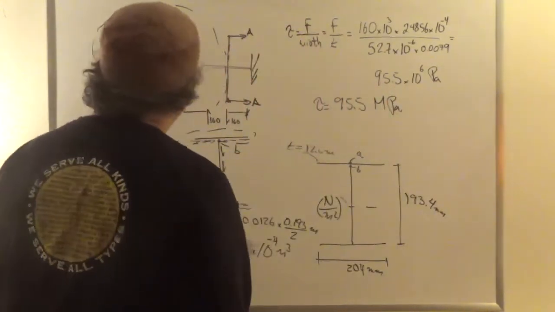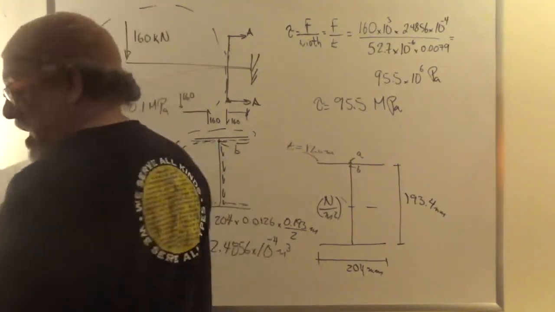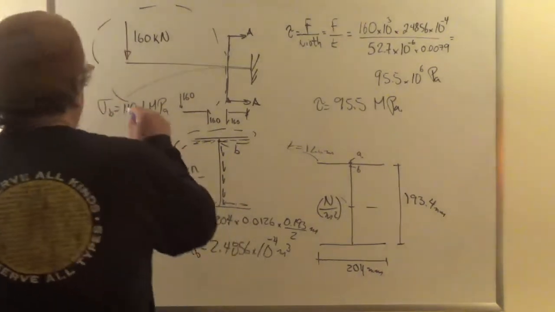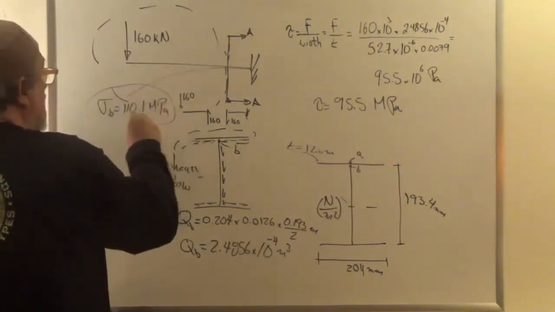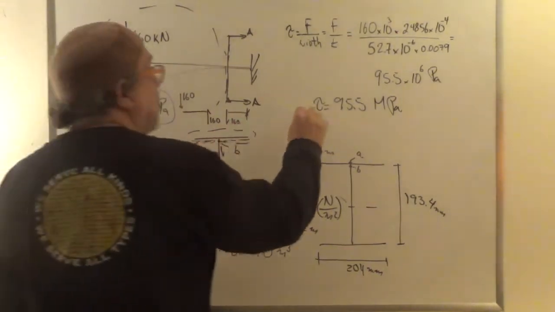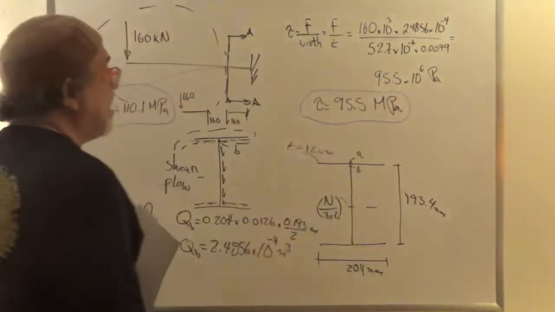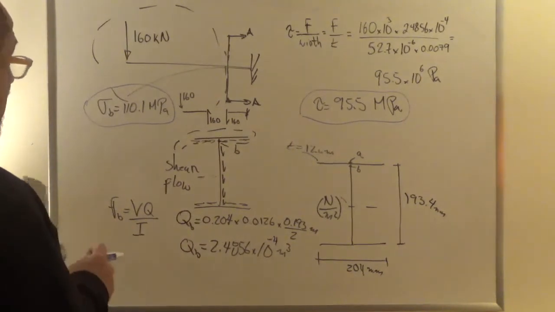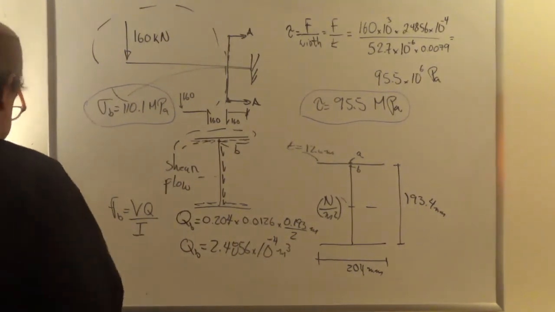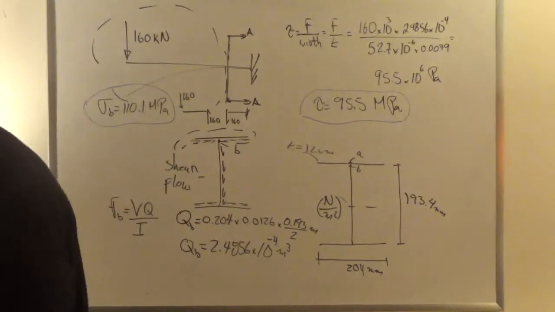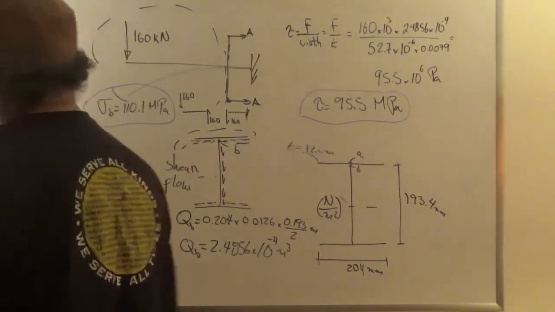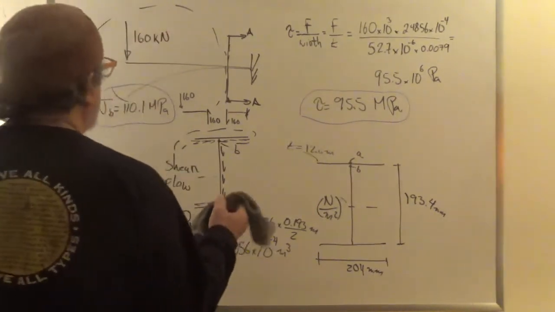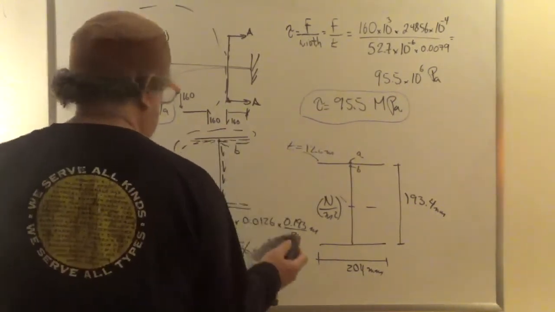Okay? So we have a bending stress sigma, which is this, and we have a shear stress tau, which is this, both acting at point B, right? Now we want to, as I said, integrate, you know how? Because we say, okay, when I have a point, let's see, how do I do that?